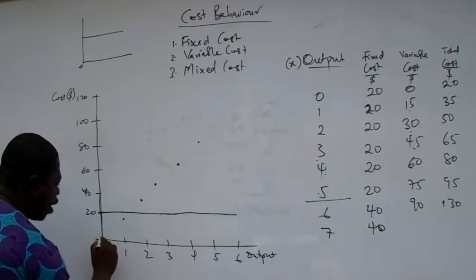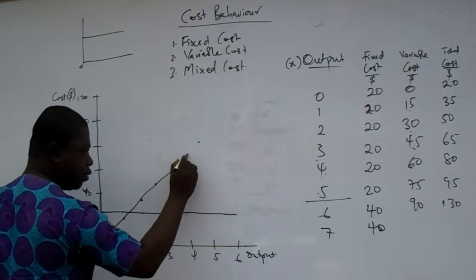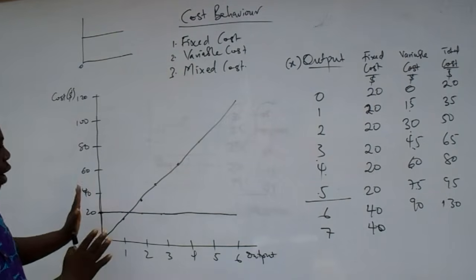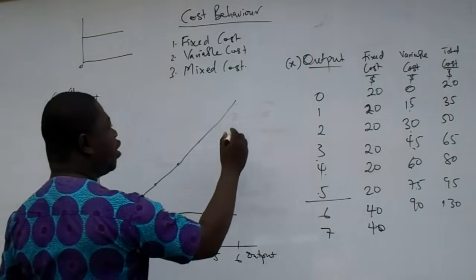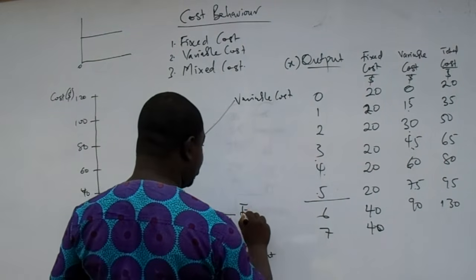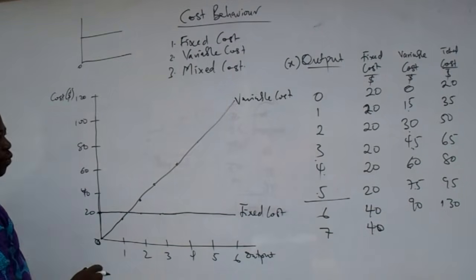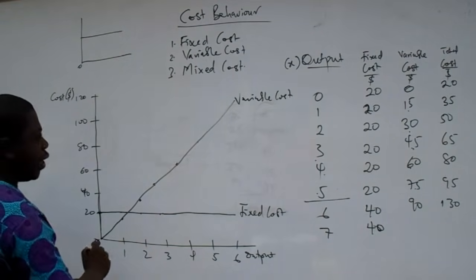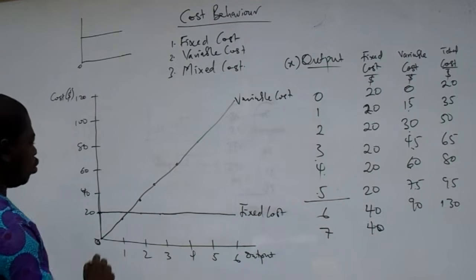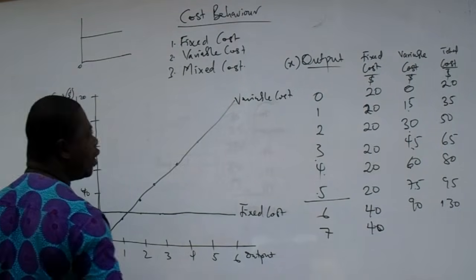And so what we do is draw a line through these points. Forgive me for my crooked line, but this is how it's going to look. So this will be your variable cost line, and this is going to be your fixed cost line. The variable cost line will go in a diagonal form from the origin, in a positive direction to the right.